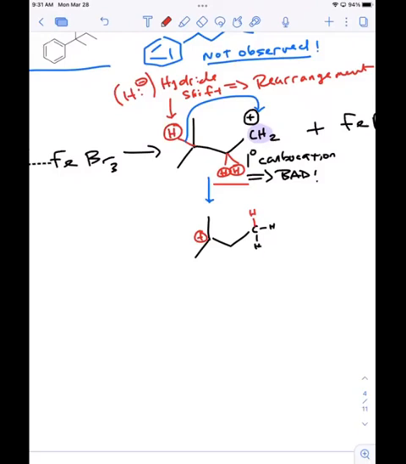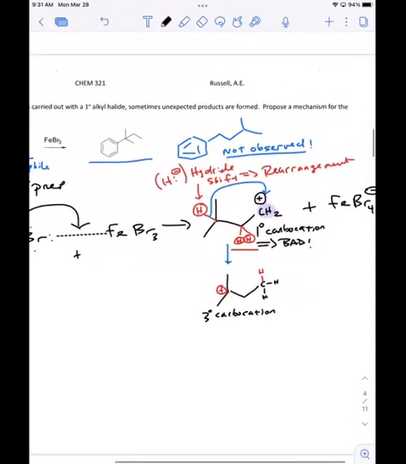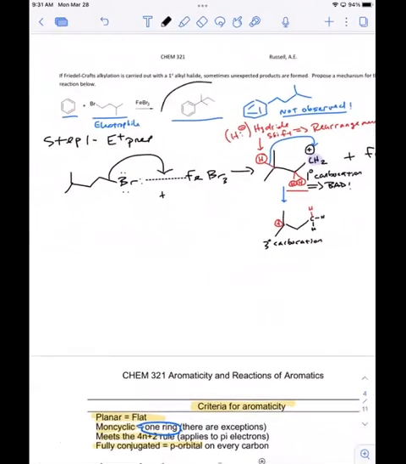So when we move that hydride over, that's a way of stabilizing that cation. Now we've got a tertiary cation, and that is what the ring is going to attack. So that's why we see this product. Can y'all see it forming now?